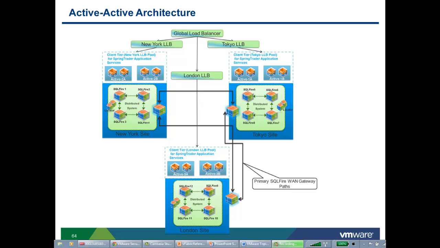For example, New York traffic will go to the New York local load balancer, where there is a load balancer pool configuration containing multiple SpringTrader application services instances. These in turn will communicate with the local data fabric, and certain data changes will then be selected to be replicated to Tokyo and/or London via the SQLFire WAN gateway.